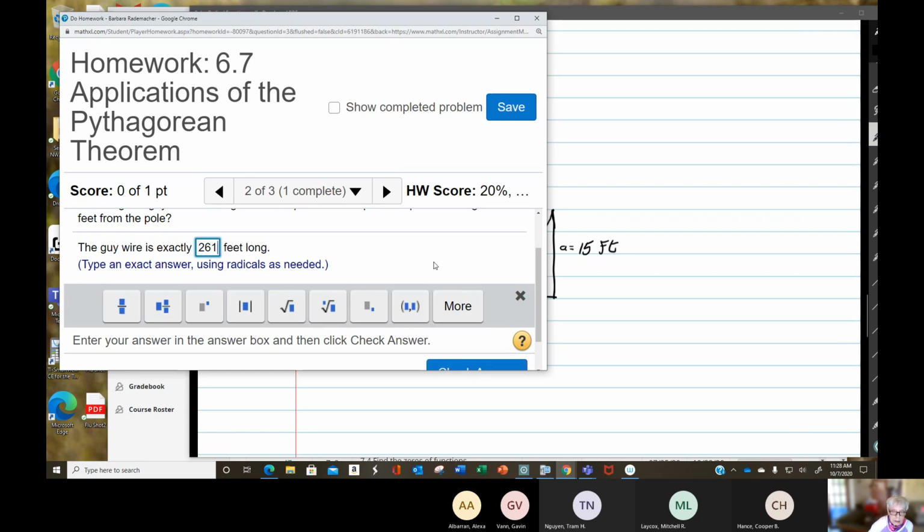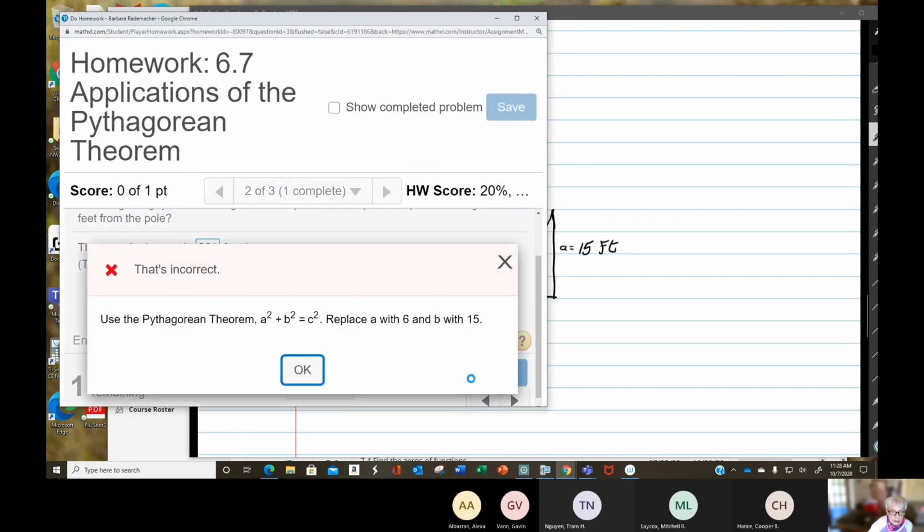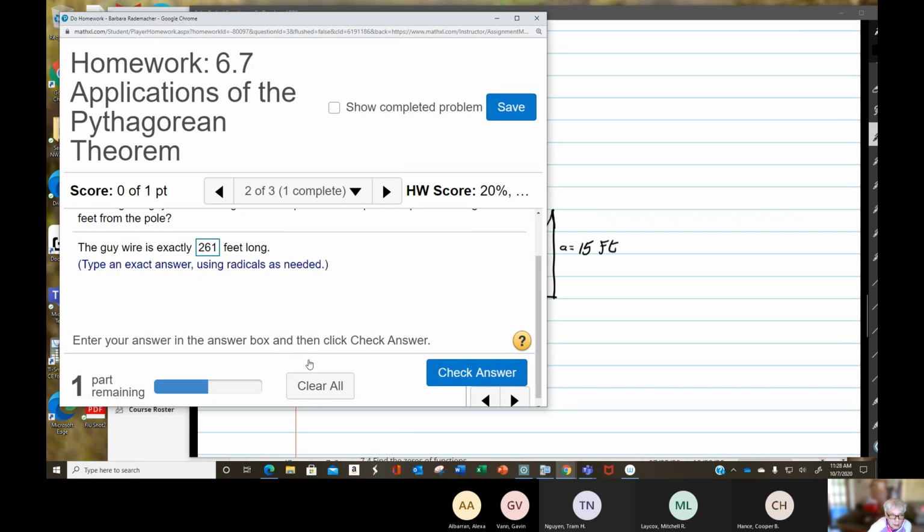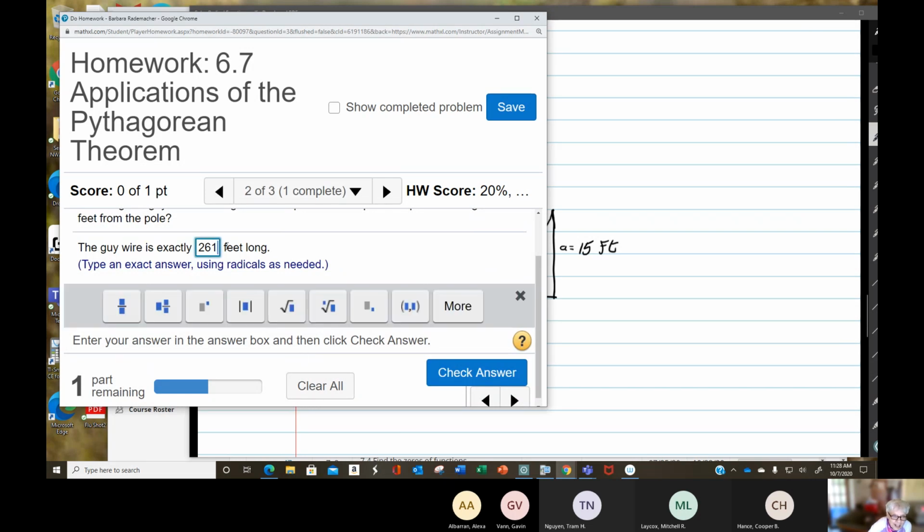Check answer. No! The square root of 261, you turkey. Yes, I can yell at myself and call myself a turkey. The square root of 261.